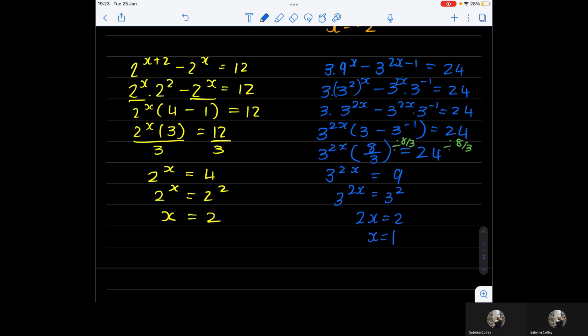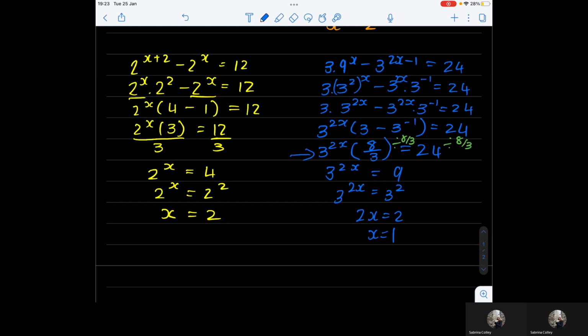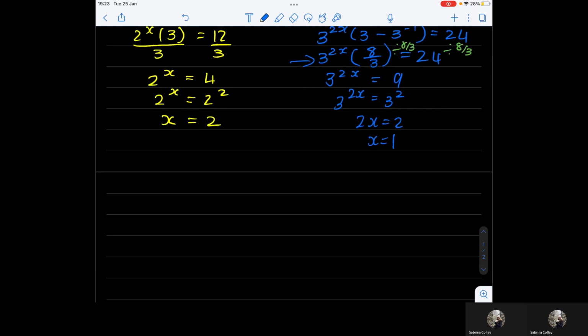Now at this point, if you don't want to use your calculator for that, let's look at this. We've got 3 to the power of 2x times 8 over 3 equals 24.